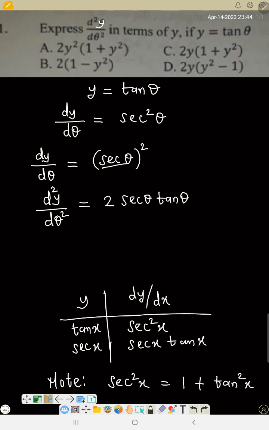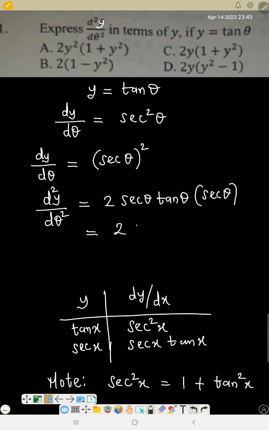If y is sec x, dy/dx is sec x tan x. Now rewrite everything in the brackets, that will be sec θ, and subtract 1 from the power, that will be 1. So this is the short method for function of a function. Watch my video on function of a function to understand better.